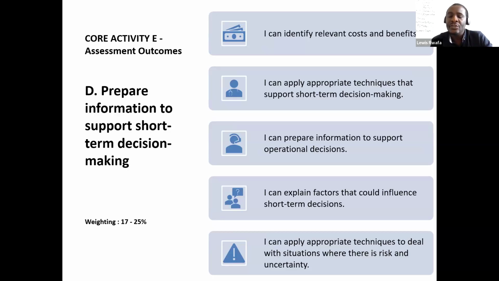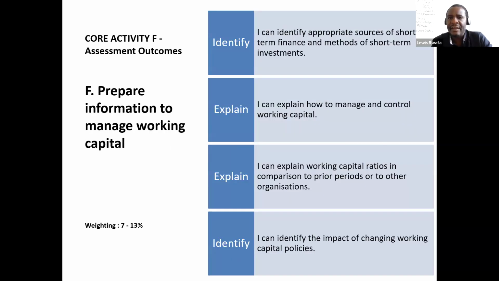I need you to be able to remember that under risk and uncertainty. Different scenarios, interpreting them. And then we look at short-term finance and methods of short-term investment. Short-term. Right. You're not going to be talking about long-term, like equity and all that stuff. The focus is on short-term.